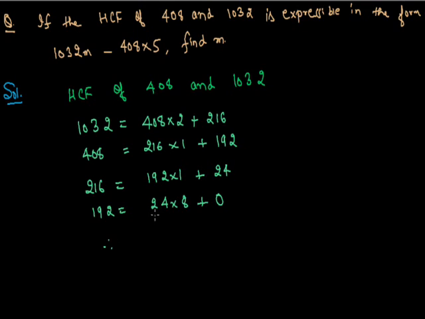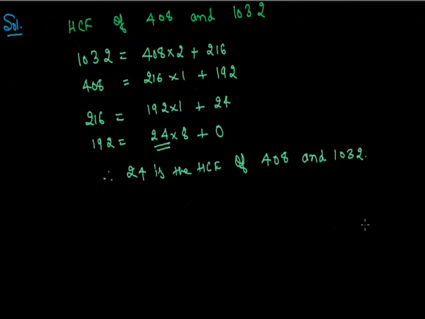Therefore 24 is the HCF of 408 and 1032. Now it is given that HCF is equal to 1032m minus 408 into 5.